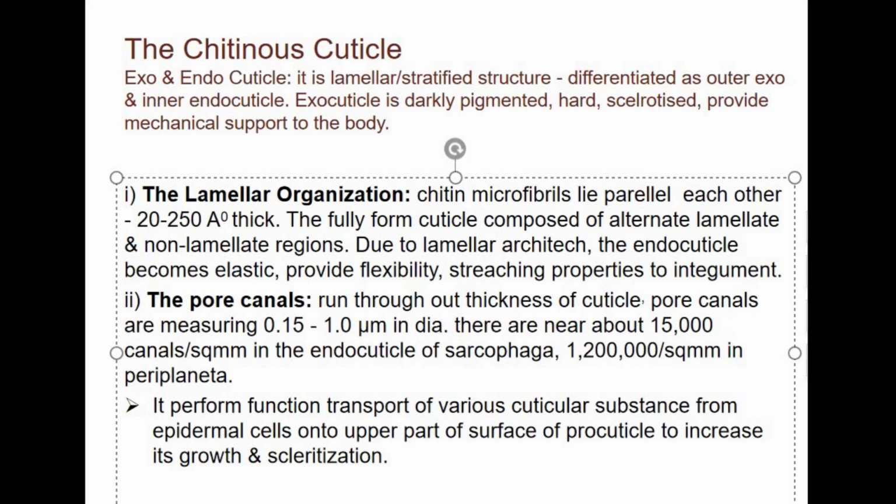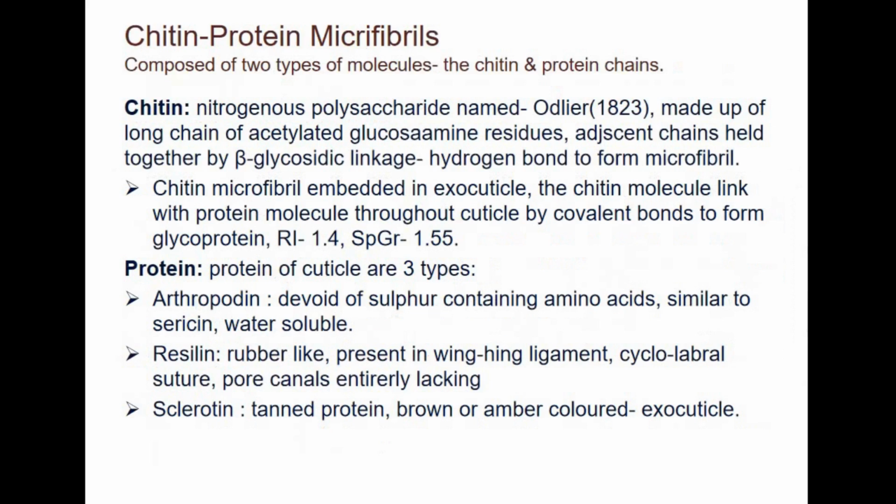Now the next one, the chitin protein microfibrils. The chitinous cuticle is composed of two types of molecules, the chitin and the protein chains. First we are focusing on the chitin.